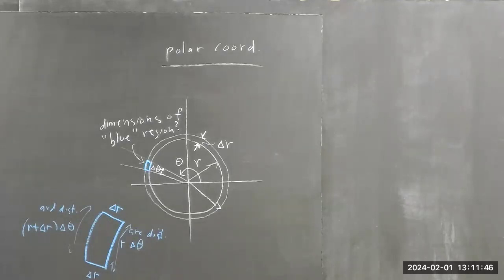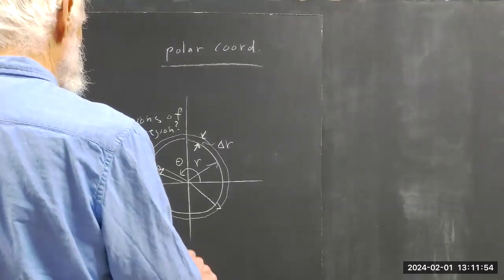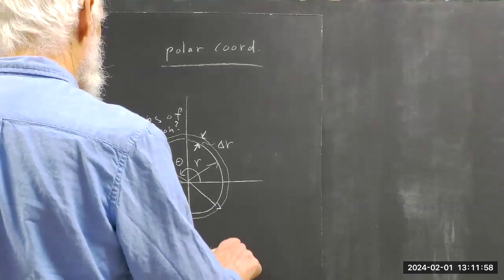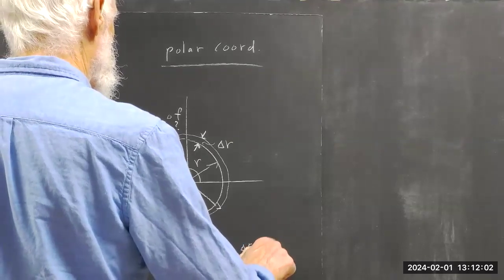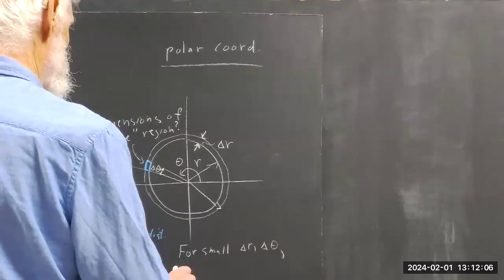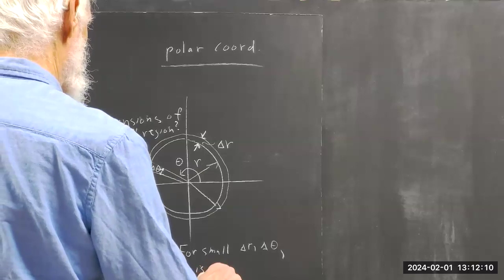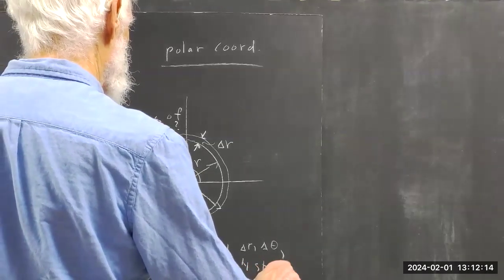Okay. Now, if this is small, that arc is nearly a straight line.